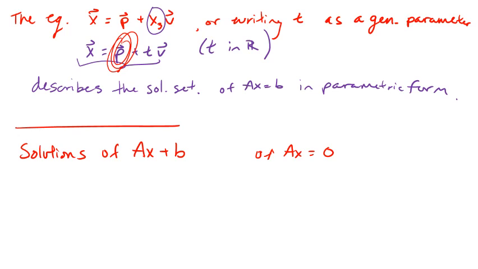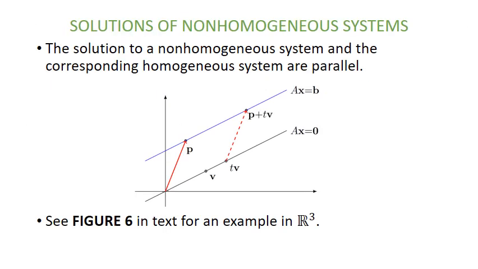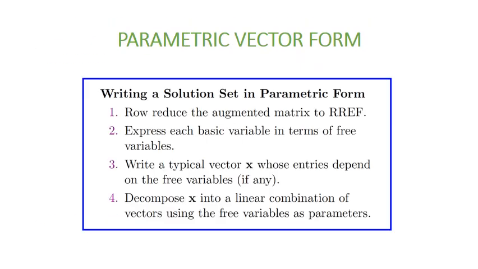And vector P is just one of the many solutions possible. Some students find it helpful to look at a little picture of this. If you're visual, you can take a look at this or figure 6 in your text. It's up to you. But really, this concludes the section.